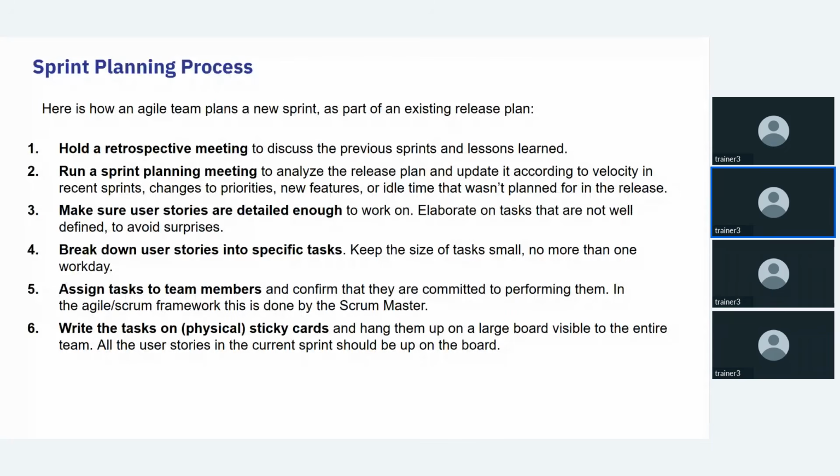You need to know how many things you're working on. Assigning tasks to team members, you need to share the work. Write the task on a physical sticky card. So you go to the task, right? I need to finish this task in time. In that way, I give you a task.